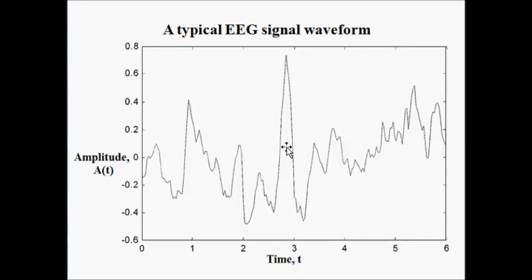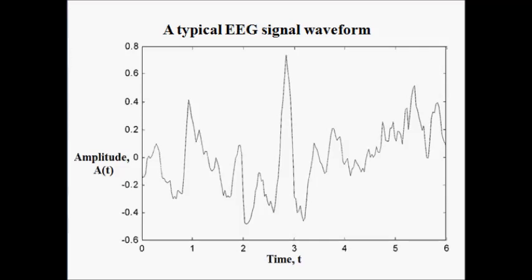As I said, in signal analysis we will always come across these kinds of signals which depend on time. These are some of the basic examples of signals that we encounter in our day-to-day life.